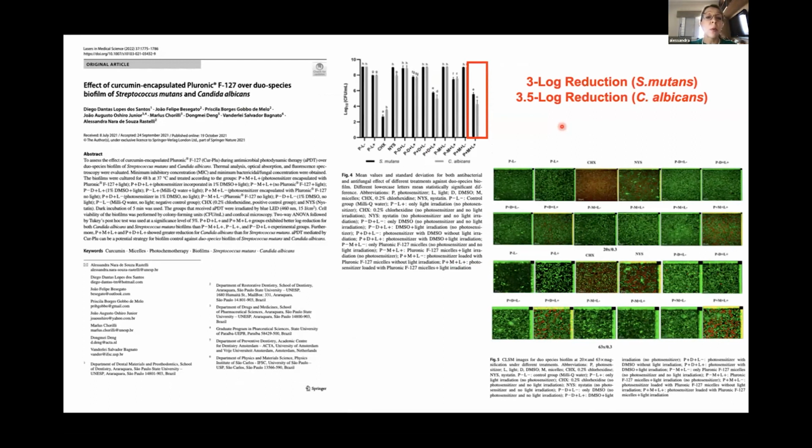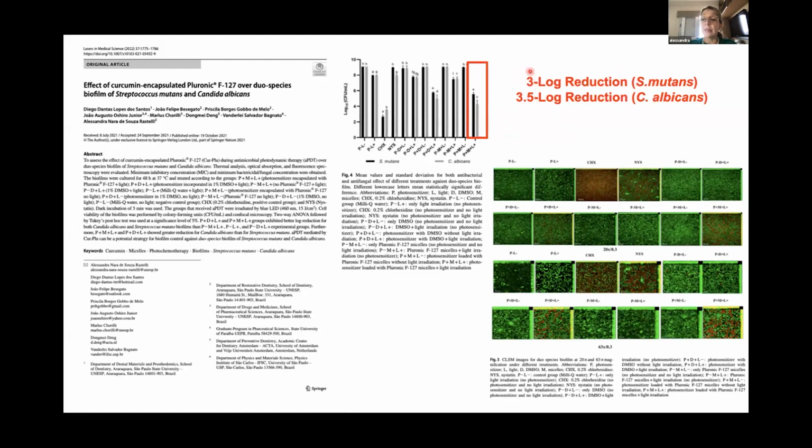showing the effect of antimicrobial PDT over a dual species biofilm, where we could show at least a 3 log reduction, which is already a very good reduction according to the literature, to say that an antimicrobial agent or antimicrobial technique showed a good effect.